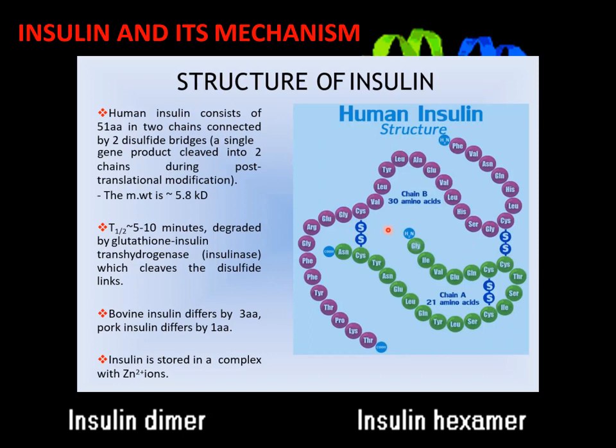Bovine insulin, which is from animals, differs by 3 amino acids, while pork insulin differs by 1 amino acid. So in the past, insulin from pork was used to treat diabetes mellitus. Insulin is stored as a complex with zinc ions.